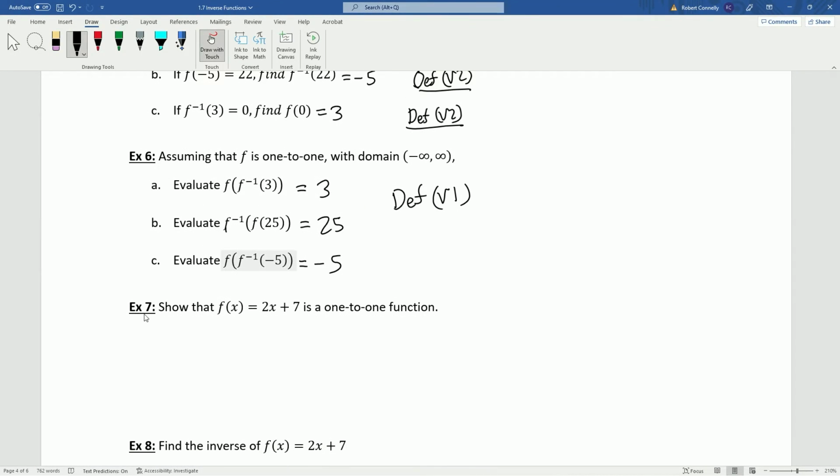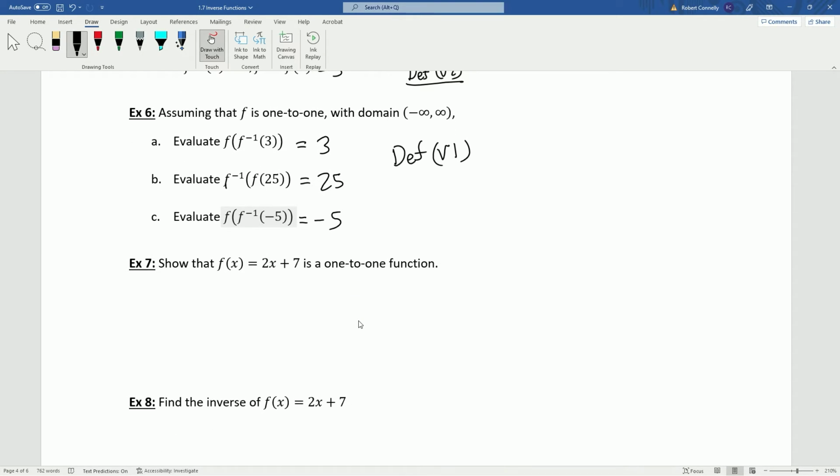Example 7, show that f of x equal to 2x plus 7 is a one-to-one function. What we want to look at is f of x1 equals f of x2, so show that if this is true, it implies that x1 is equal to x2. So 2x1 plus 7 equals 2x2 plus 7.